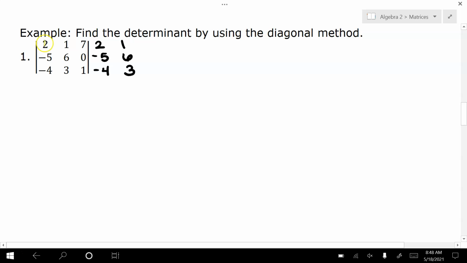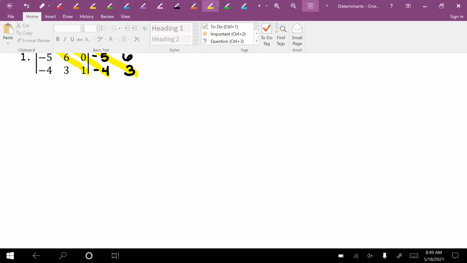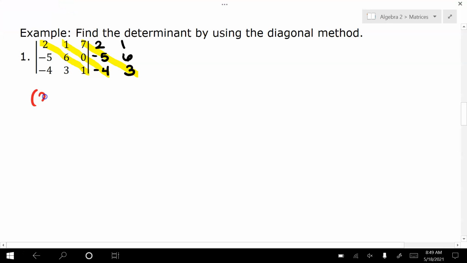I start with 2, the top left corner, and go diagonally down to the right: 2, 6, 1, then 1, 0, -4, and 7, -5, and 3. Those numbers on the diagonal, I'm multiplying. So I'm going to take 2 times 6 times 1, plus 1 times 0 times -4, plus 7 times -5 times 3.